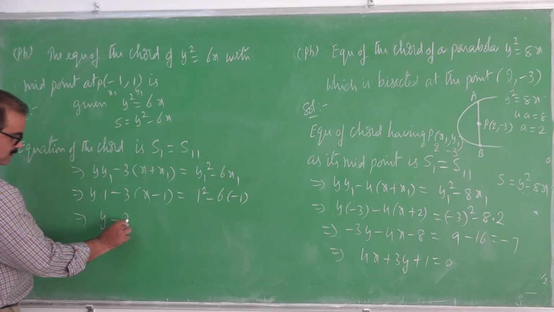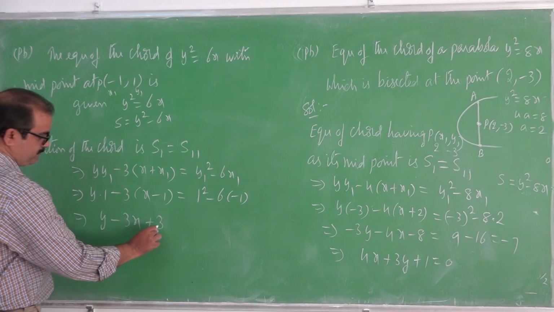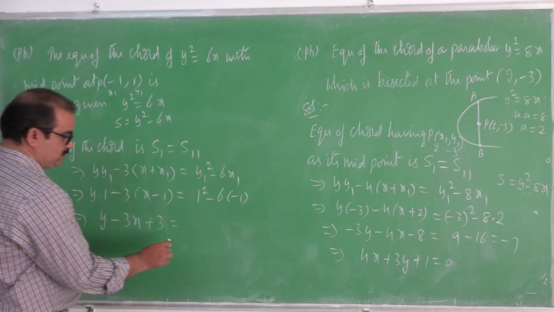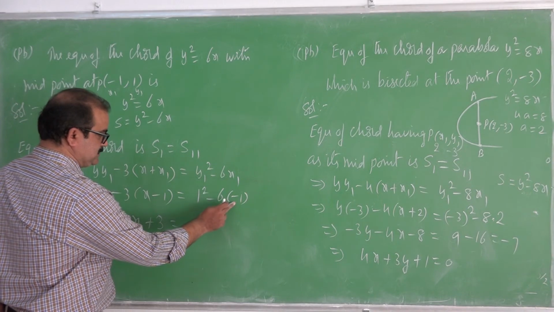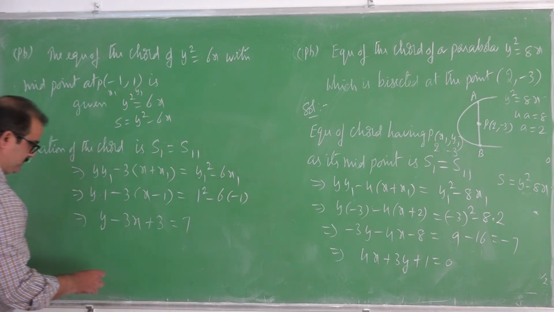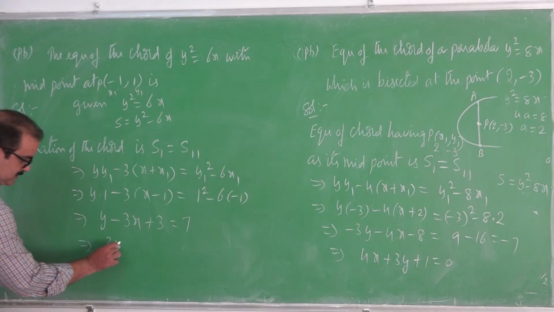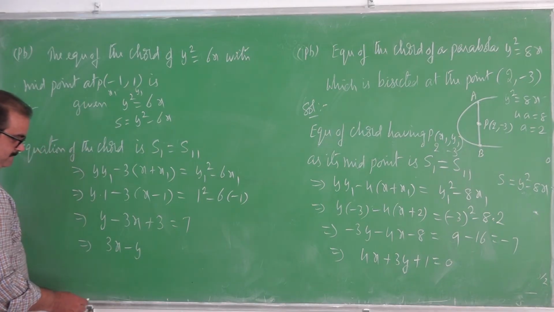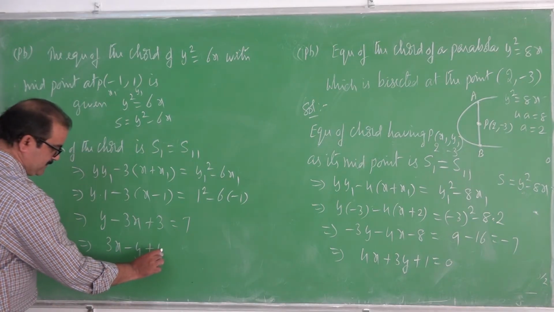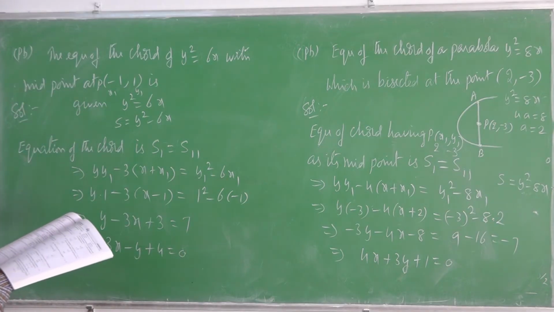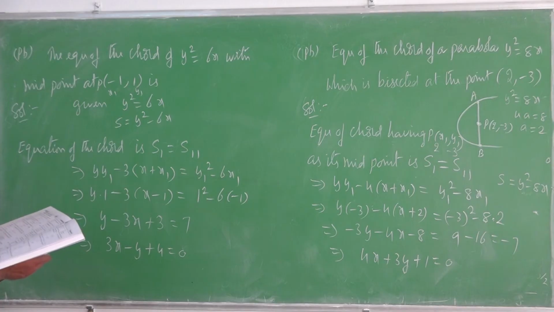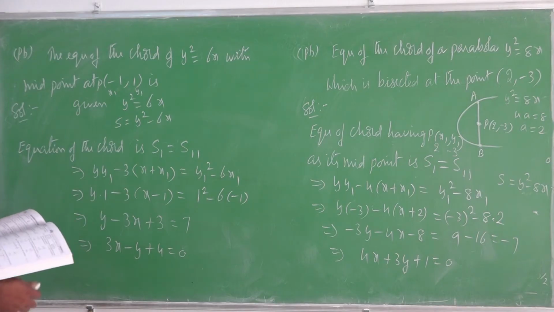Y minus 3x plus 3 is equal to 1 plus 6, that is 7, or 3x minus y plus 4 is equal to 0. This is the equation of the chord.